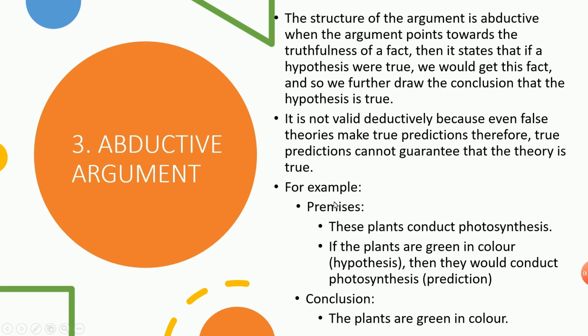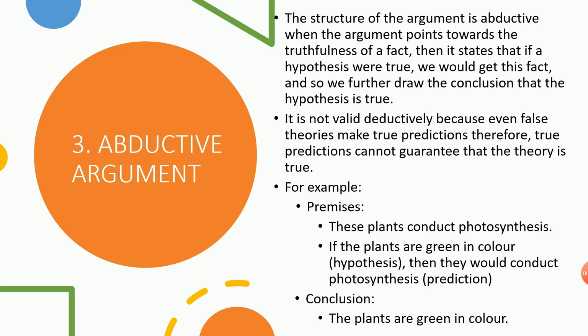Let me explain with the example. See here, these plants conduct photosynthesis. Next, if the plants are green in color, hypothesis, then they would conduct photosynthesis. Prediction.